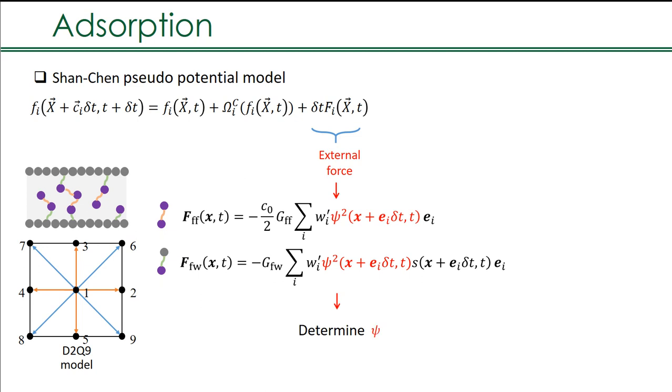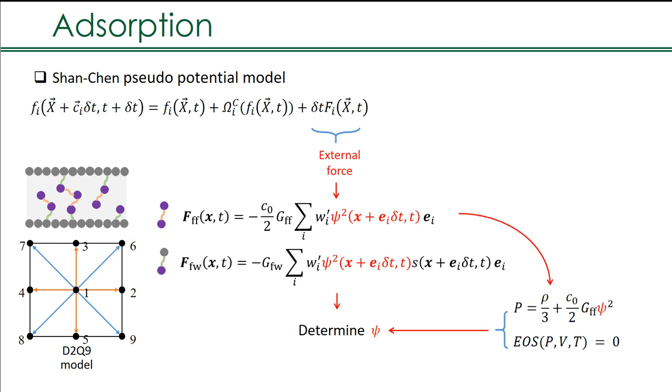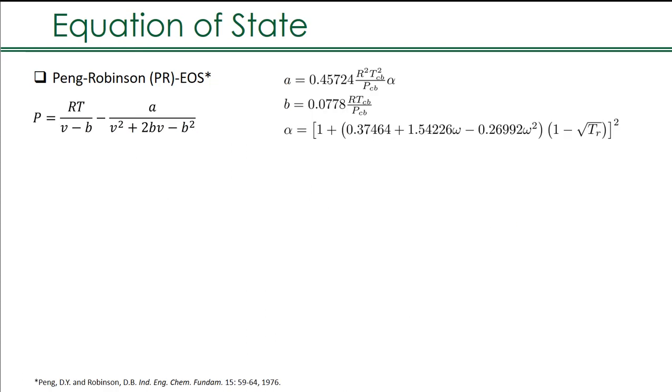So, how do we calculate this pseudopotential? Different equations of state lead to different forms of pseudopotential. So we need to have a suitable equation of state for nano-confined pores. In this work, we use the Peng-Robinson equation of state, which is widely used to capture the phase behavior of methane in nanopores, and this equation of state is shown on the top of this slide.